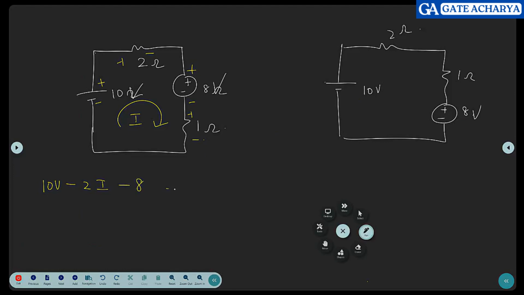And here it will be minus I equal to 0. How do you say here? Is there any difference? No, right? So KVL says you can do it.